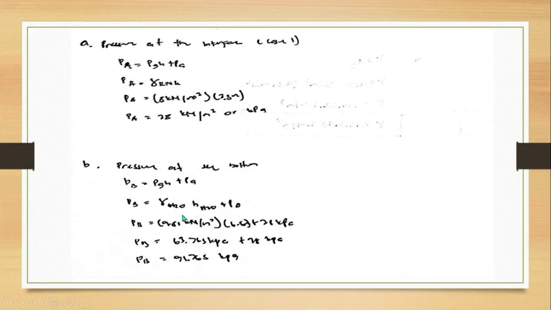So P_B is equal to 9.81 kilonewtons per meter cubed times 6.5 plus 28 kPa. We got 63.765 kPa from 9.81 times 6.5, then we bring down the plus 28 kPa and add the two: 63.765 kPa plus 28 kPa.